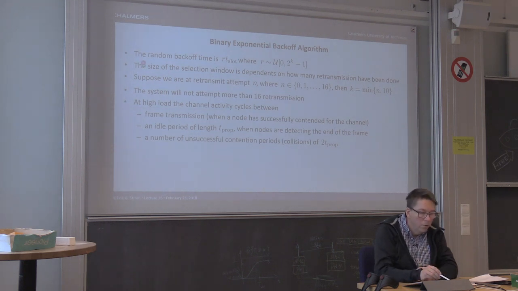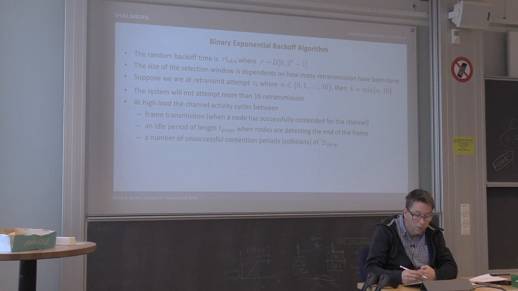Okay, so the random backoff time is R times T slot. And R, the integer R, is uniformly distributed between 0 and 2^k minus 1. So what is k? Well, k determines the size of the selection window.